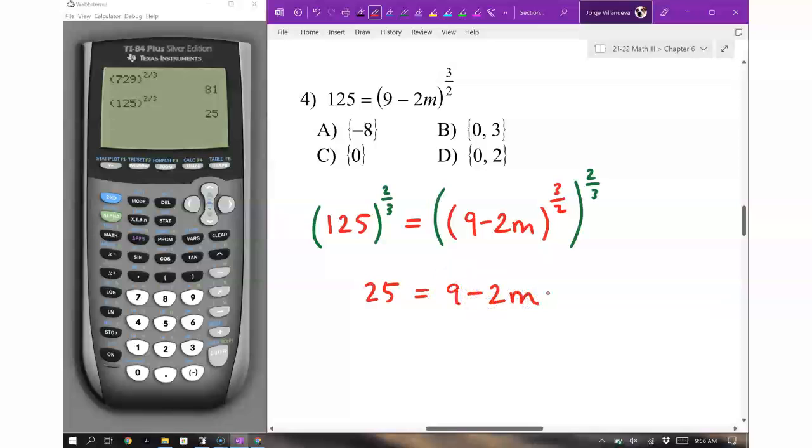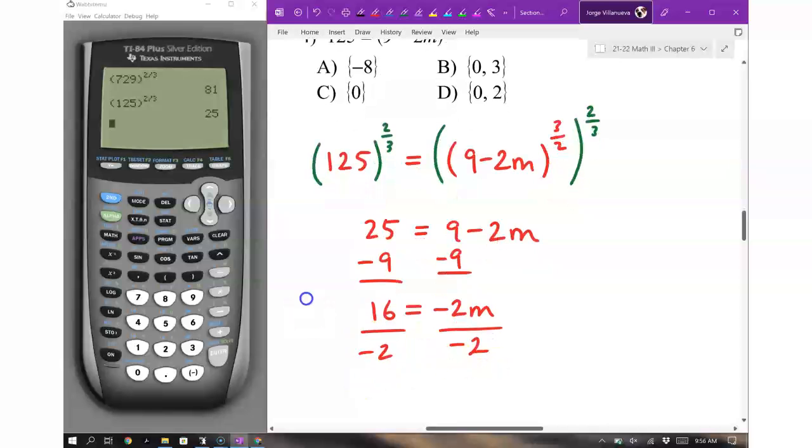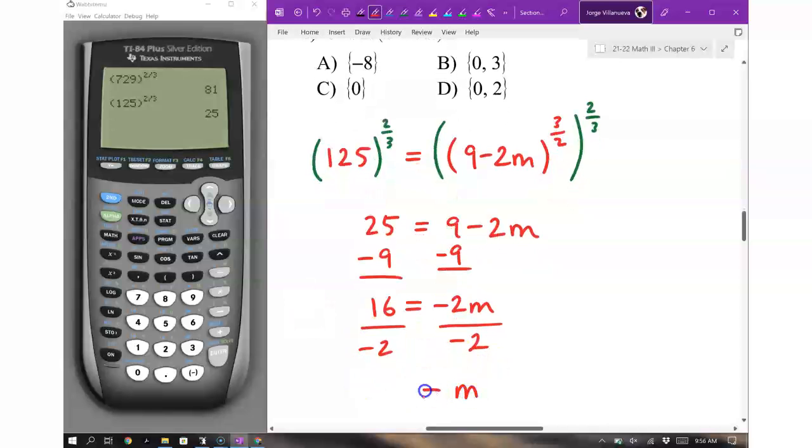Now, I'm going to have to subtract 9 on both sides if I want to solve for m, right? So this is 16 equals negative 2m. And in order to solve for m, we're going to divide by negative 2. So m is equal to negative 8. And there's my answer.